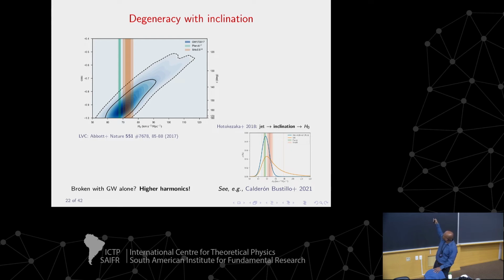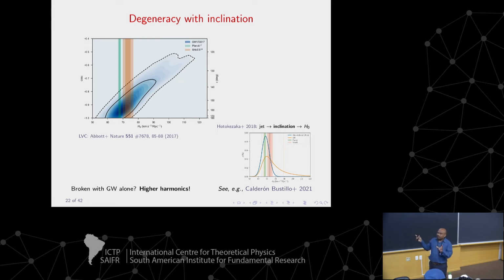It's important to note that this particular degeneracy between distance and inclination can also be broken by gravitational wave observations alone. If one observes higher harmonics in the signals, that is because the higher harmonics do not fall off in the same way as the lowest order harmonic.